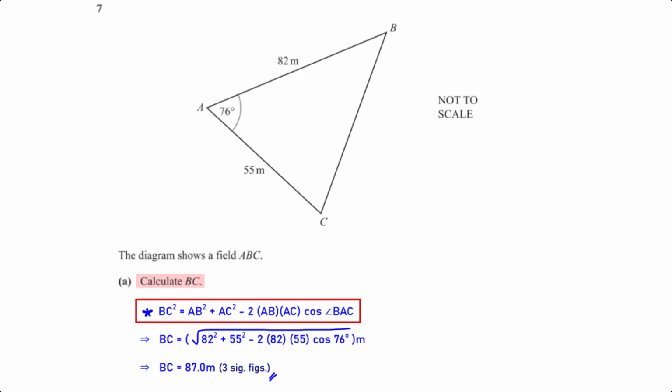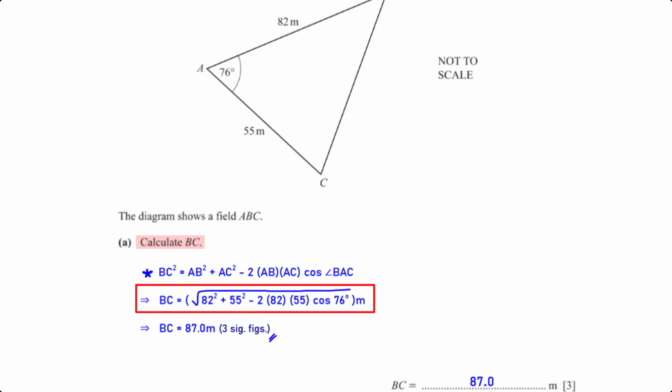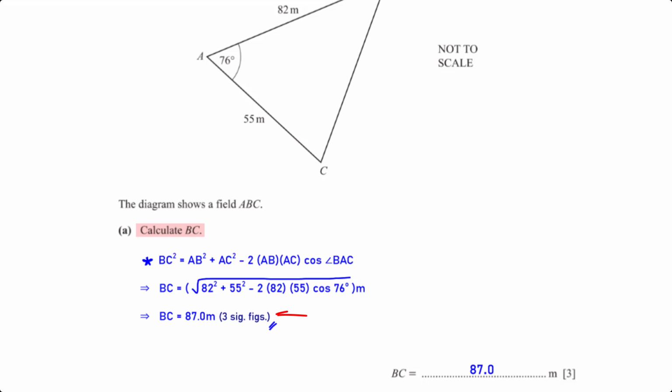AB is 82 meters, AC is 55 meters, and angle BAC is 76 degrees. When we plug in these values into the equation and make BC the subject, this is what we get. When we type this into the calculator, we get 87.0 meters, rounded to 3 significant figures.